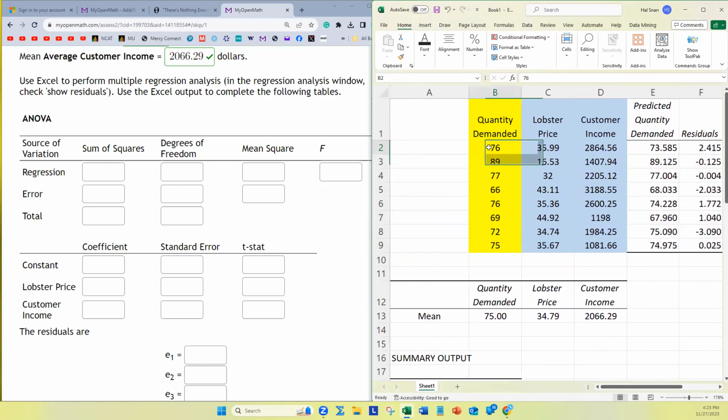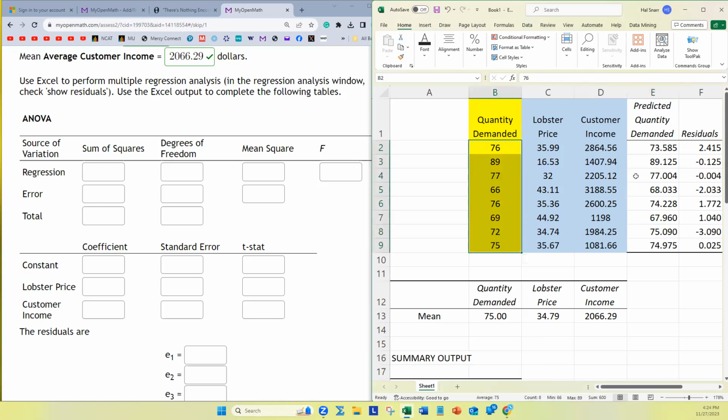So this is what we observe in the quantity demanded when we have that price, that customer income. This is what we predict. This comes from our model. This again is what we observe when we have that lobster price and that customer income. This is what we predict from our model, et cetera. So these are pretty close in value to these, right?